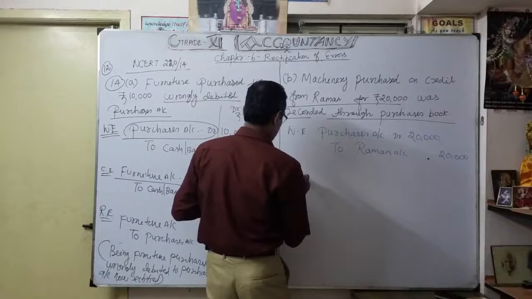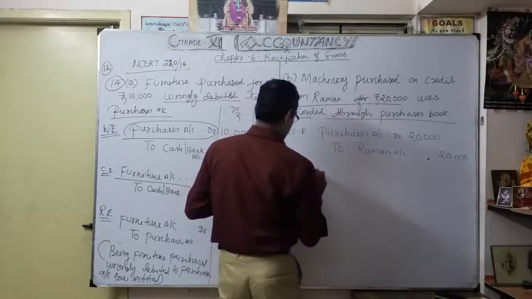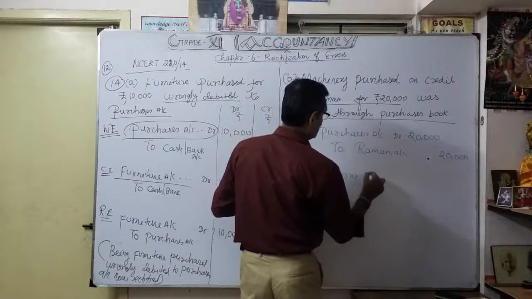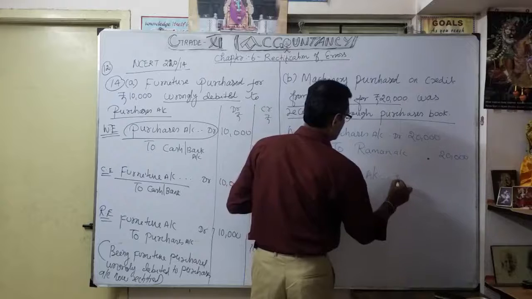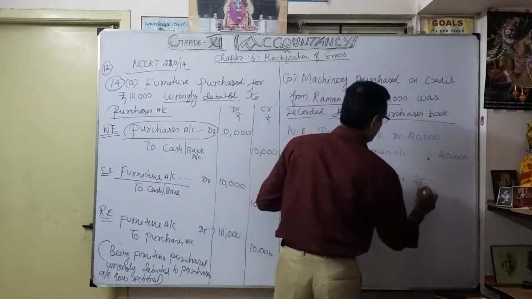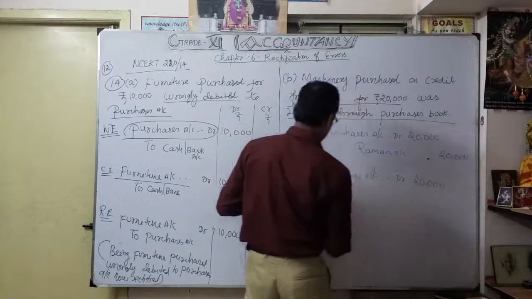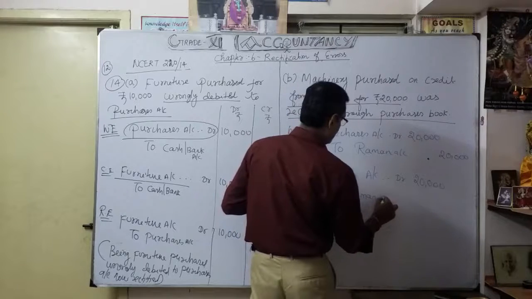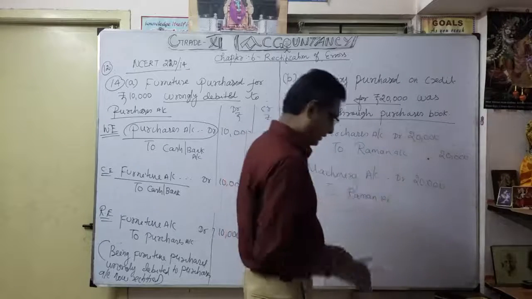What is the correct entry? Machinery account debit 20,000 to Raman account. That's our correct entry.